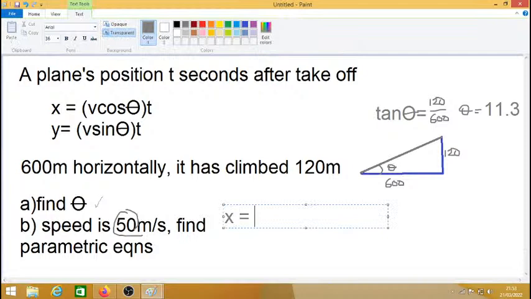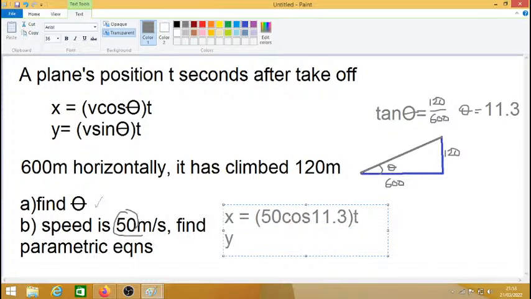So I'll have x is equal to 50 cos theta, theta, you can put in the 11.3 from before, times t. And y is equal to 50 sine theta, theta we know is 11.3, times t.